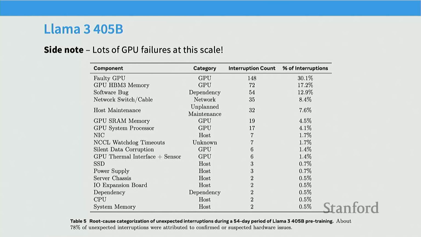The funny side note about Llama 3, and you may have heard this in casual conversation with your friends, is there's lots of GPU failures when you train models at a huge scale, right? They had 148 interruptions from faulty GPUs, totaling about 30% of the total interruptions that they had. They had things like unplanned maintenance of machines, and that was 32 instances of interruptions for their training.